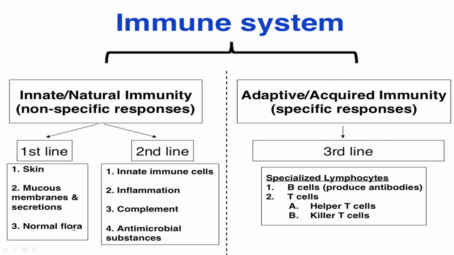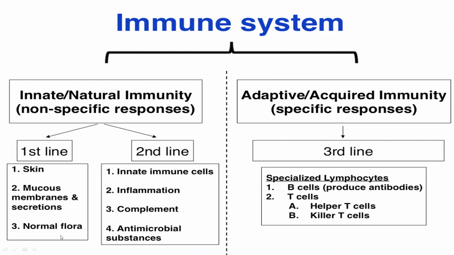Normal flora is a kind of organism that lives on another living organism. What is that other living organism? Either human or any kind of animal. So organisms that live on the human or any other kind of animal body are called normal flora.